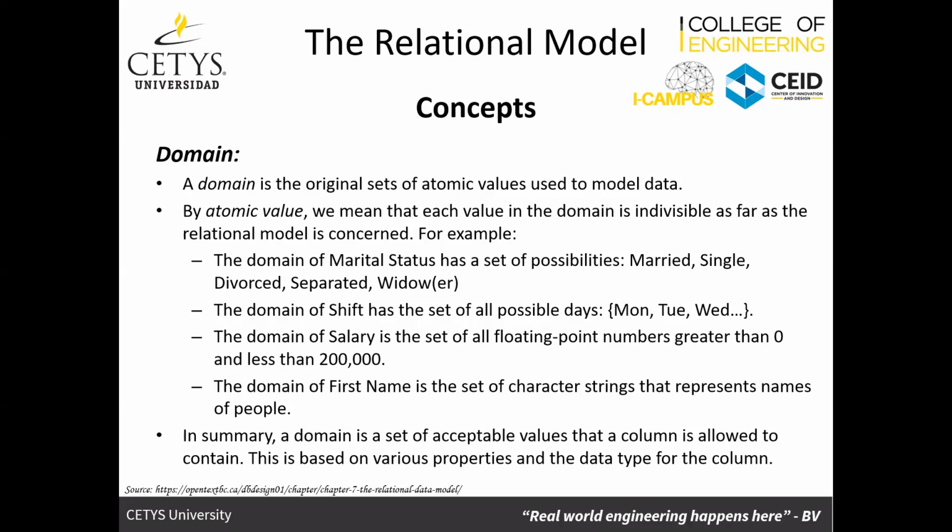If we're talking about a shift for an employee's work schedule, then the days can be Monday, Tuesday, Wednesday, etc. The domain of salary is from 0 to a certain value. The domain of a salary can't be or shouldn't be negative. We talked about that as well. So the domains are going to have restrictions, and the restrictions are also going to have to do with the type of data that we're going to be storing.